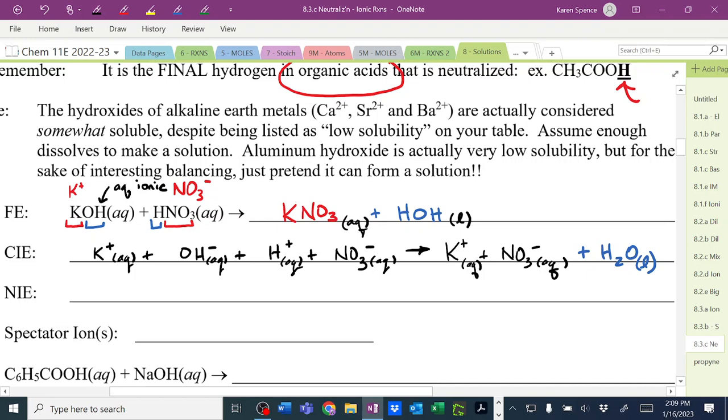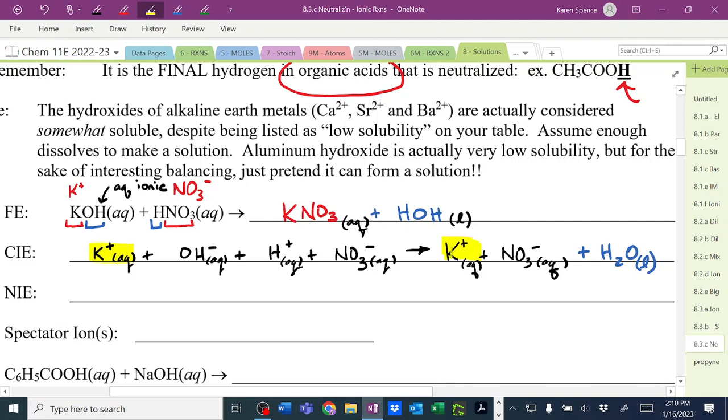Who are our spectator ions? Remember, spectator ions are ones that do not actually do anything. They just stay the same on both sides of the reaction. So who is staying the same?